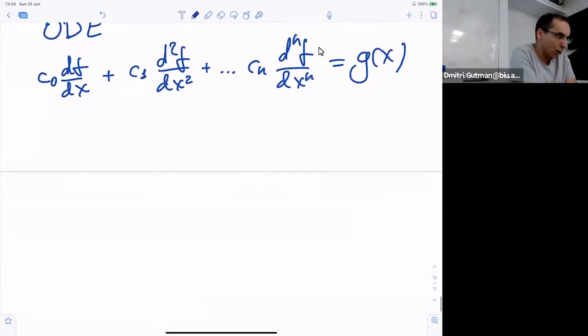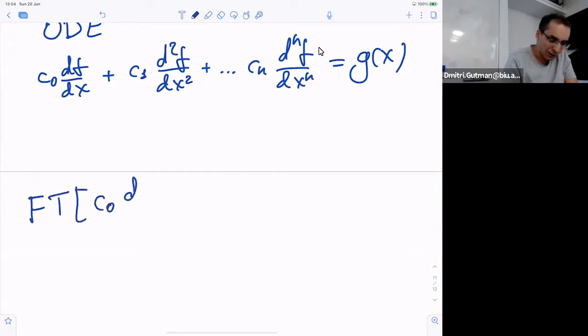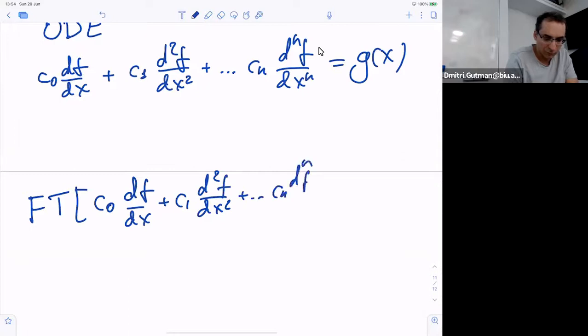So of course you can solve this equation directly as you always solve differential equations, but you can also do the following: you can apply Fourier transform to this equation. So let's Fourier transform the left side of this equation and the right side of this equation. So we'll have a Fourier transform of all these functions will be equal to the Fourier transform of the right-hand side.